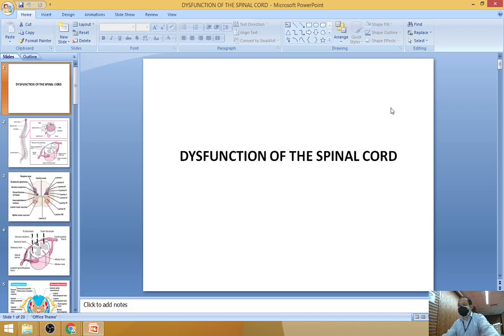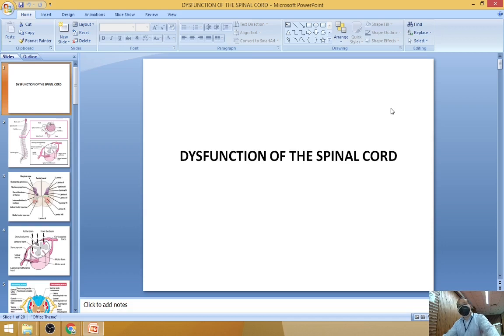It is a very vast topic, but you need to focus your understanding on a number of them. You may have to read complete transection, incomplete transection, and Brown-Séquard syndrome as one incomplete transection or hemisection.